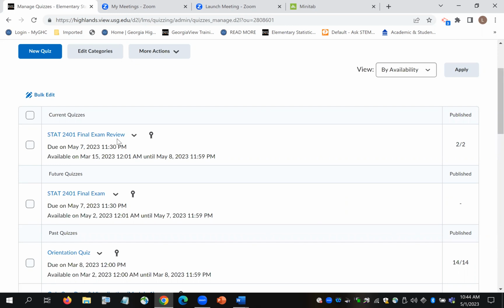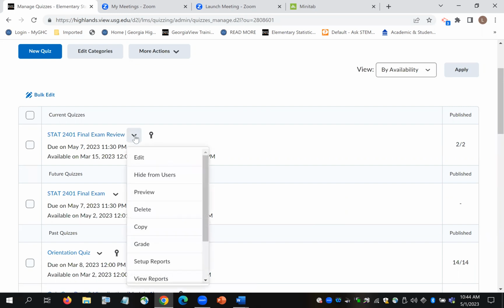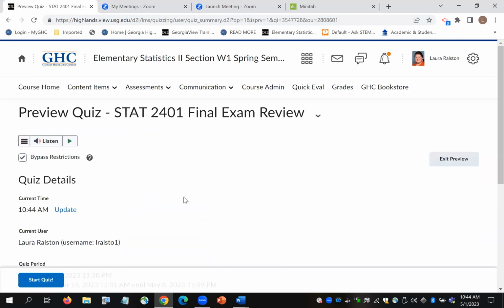I would tell you to use that review to help you organize yourself and your notes, so that when you're doing the actual exam, you can find what you need relatively easily. Those questions are not the same as the final. It is not the same scenario, but the questions will be worded the same. Let me preview it for you.